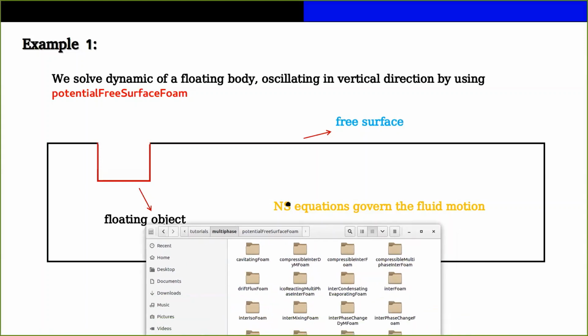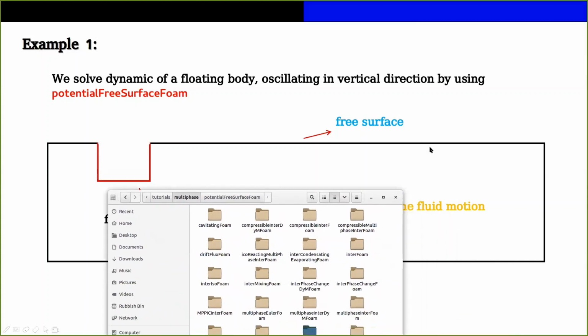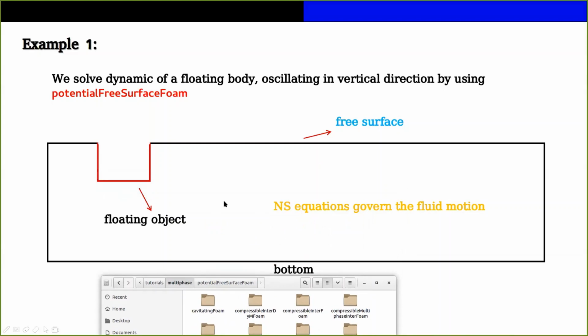Without considering 2 phases, like one phase for air and one phase for water, we just assume one phase for water, and we set the opposite phase to be the free surface.